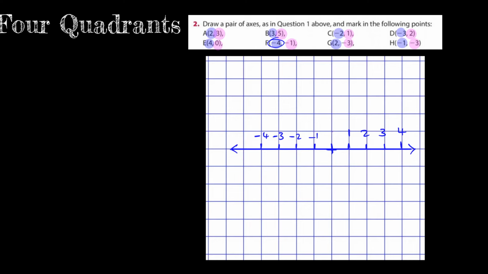From 0, I'll go up 1, 2, 3, 4, and 5. I'll just squeeze that one in. I have to go down as far as negative 3, so negative 1, negative 2, and negative 3.